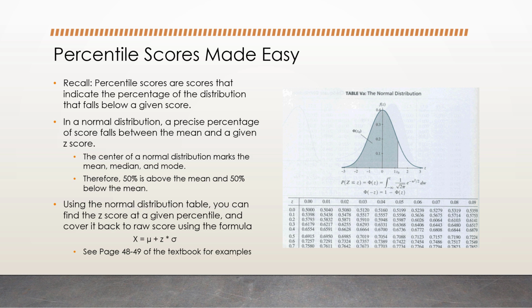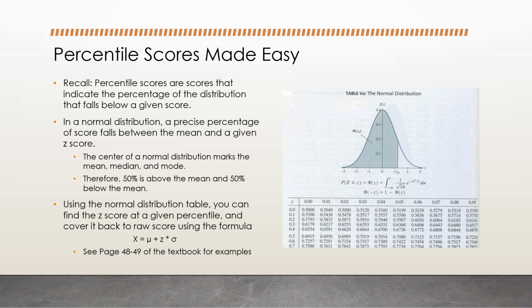Reversing this approach, you can find the z-score at a given percentile and convert it back to a raw score using the formula x equals mu plus z times sigma. For example, the 70th percentile rank is between 0.6985 and 0.7019.